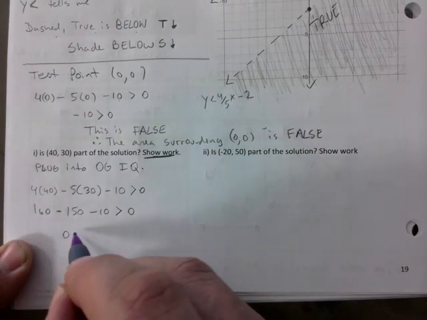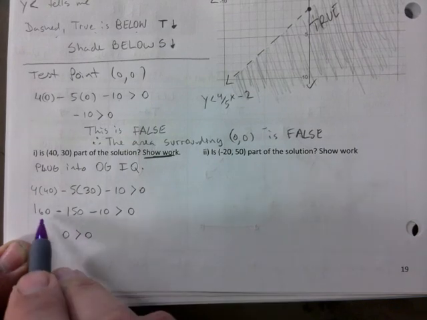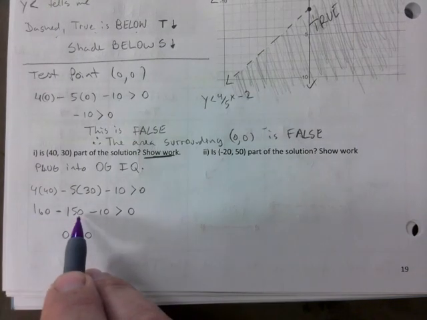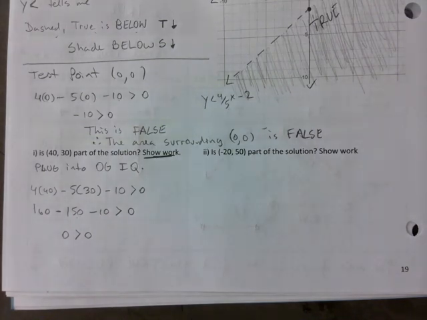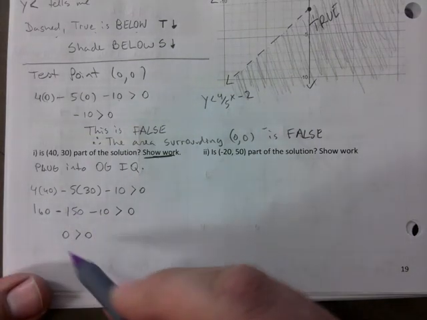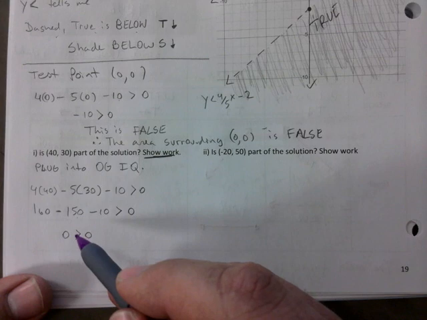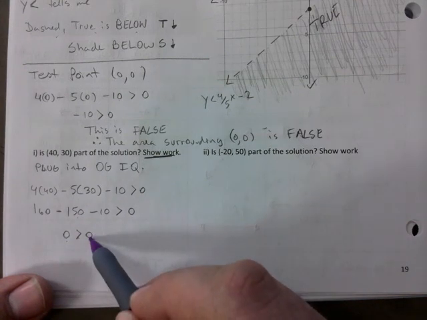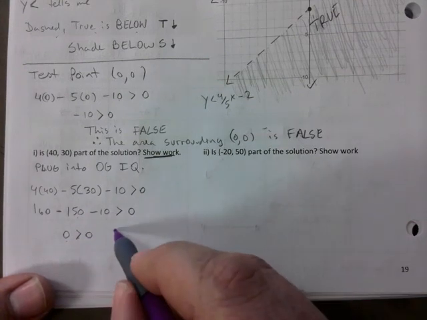And this is actually 0 is greater than 0, right? If you do 160 minus 150 is 10 minus 10 is 0. Is this true? 0 is not greater than 0. Okay, so this is false.